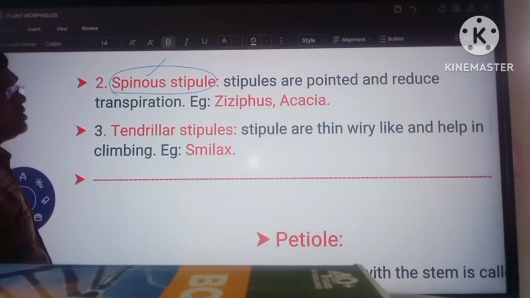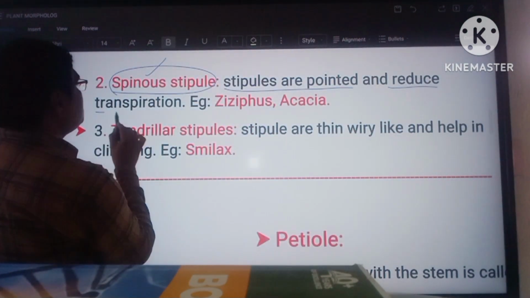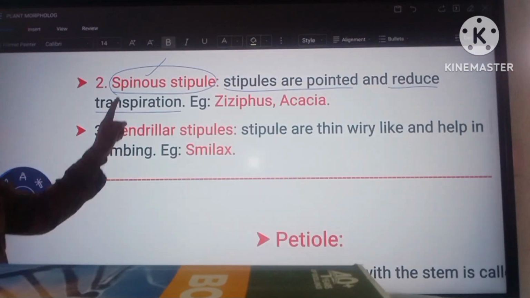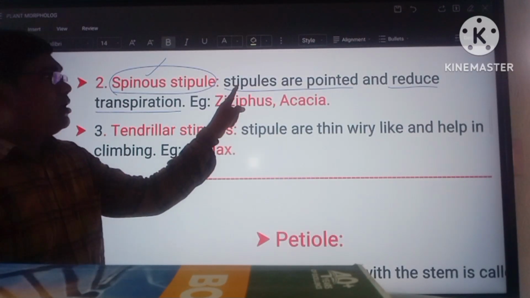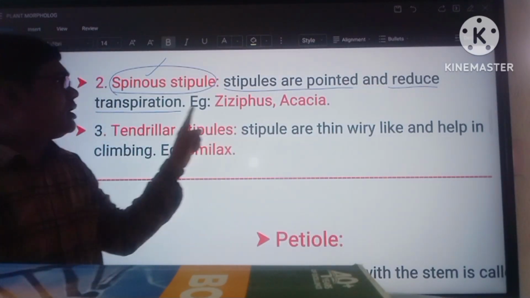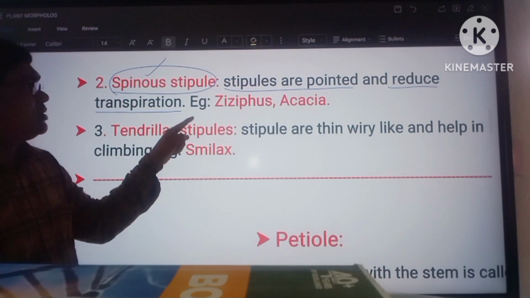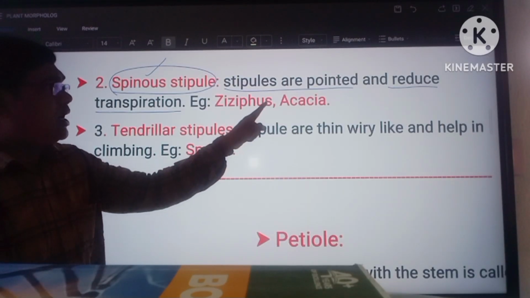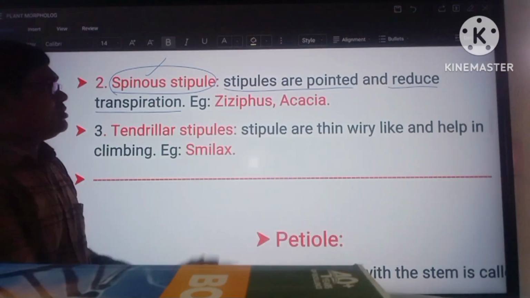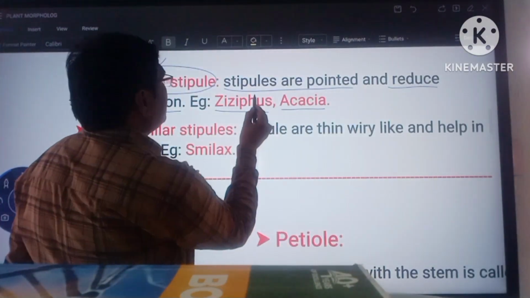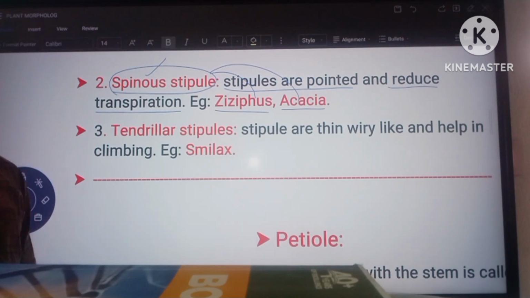The stipules are pointed and reduce the transpiration process. That is called spinous stipules. Examples: Ziziphus and Acacia. These two are examples of spinous stipules.